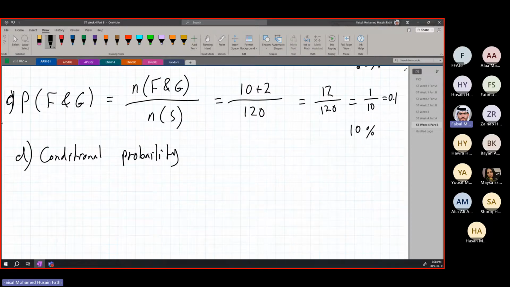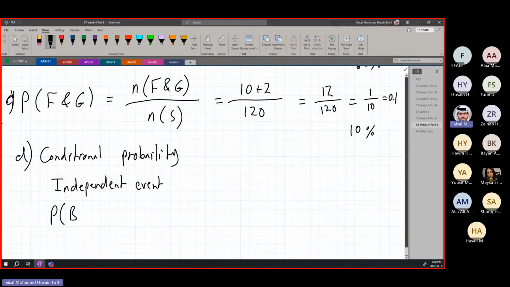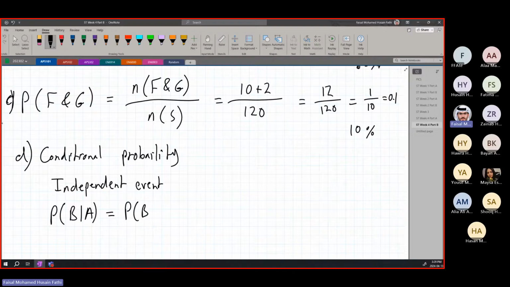So remember that when we have an independent event, the conditional probability of B given A, for example, is going to be equal to the probability of B. Or in this case, let's stick with this case.